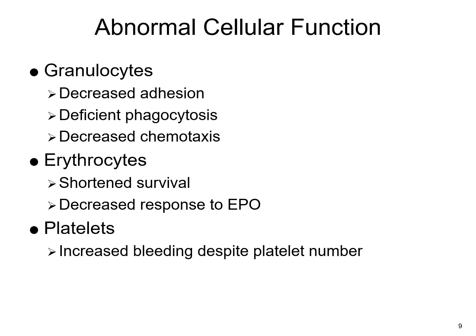Now, if cells are produced because there's some sort of abnormality in maturation and they start giving that appearance that they're abnormal, then they're also going to probably have some sort of abnormal function. So for your granulocytes, you can have decreased adhesion, you can have deficient phagocytosis, so they're not able to go and find those foreign elements like bacteria and actually ingest them and take care of them for you.